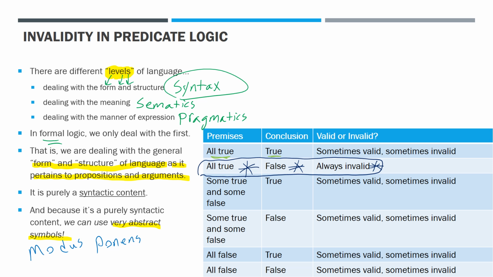It doesn't mean the argument must be valid. But in any case, in predicate logic and also in propositional logic, the basic goal is to say, hey, look, we know that in this given argument, we have all true premises, we have a false conclusion, so it must be the case that the argument is invalid.